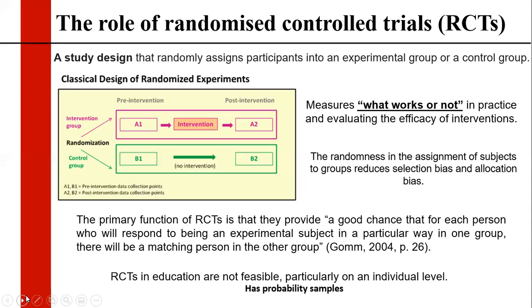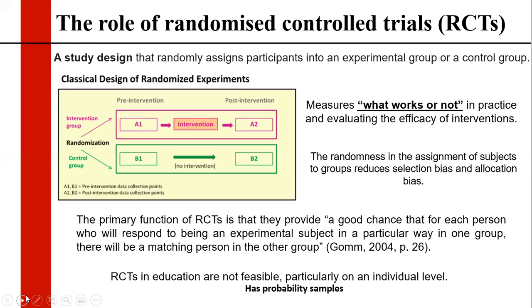That means that one group, the experimental group, receives the intervention being assessed, while the other, usually called the control group, receives an alternative treatment. So this type of randomized trial measures what works or not in practice and evaluates the efficacy of interventions.